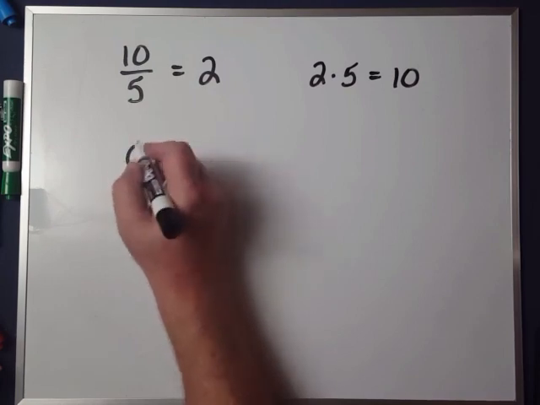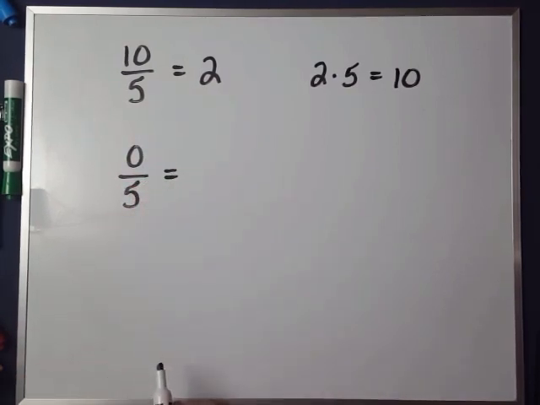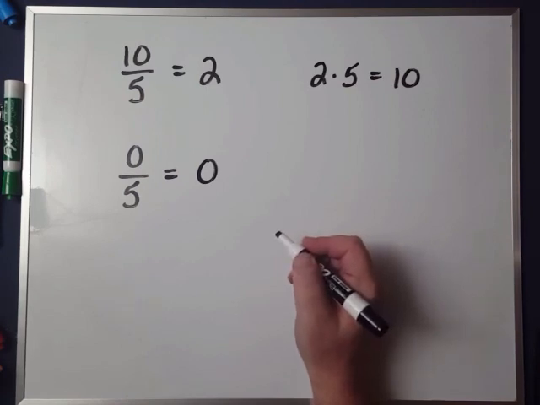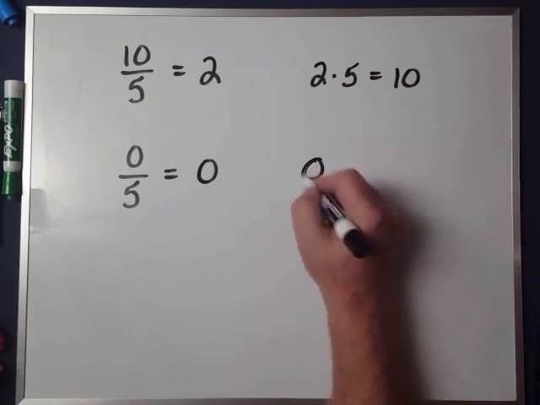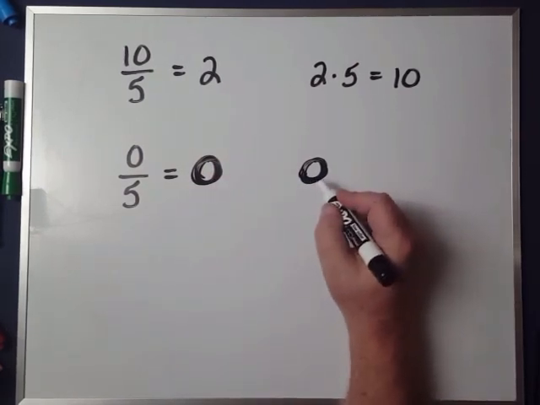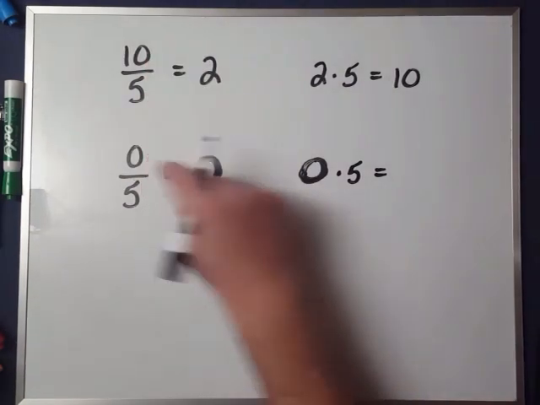If you have 0 divided by 5, you take 0 things, divide it into 5 piles. How many things are in each pile? 0.